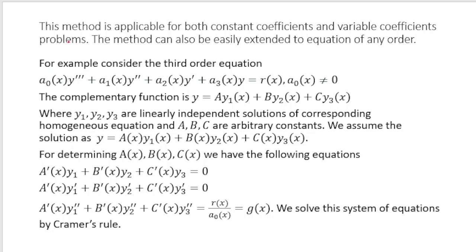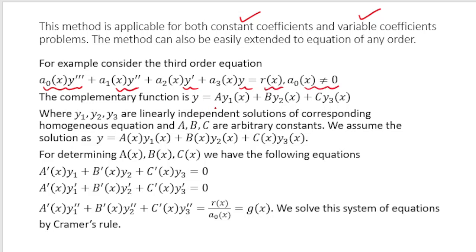One thing that I hope you already have noted is that this method is applicable for both constant coefficient and variable coefficient problems, right? So now suppose I take a linear differential equation of third order, y triple dash, y double dash, y dash, and y is equal to r(x), a naught(x) is not equal to 0.